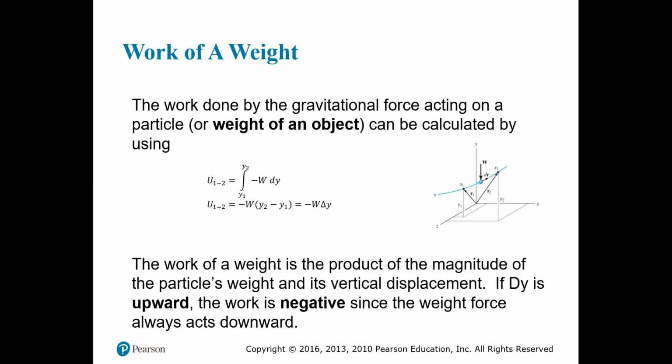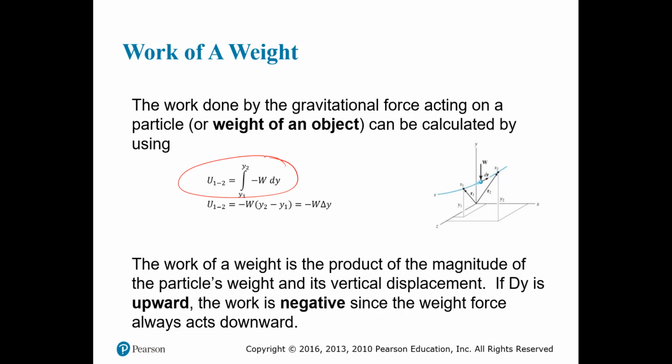And we're going to start defining a little bit of the work done in different cases, weight, springs, and things like that. So let's go with the weight first. The work done by the gravitational force acting on the particle can be calculated by using the equation, force times displacement. I'm using the same thing as I defined at the beginning.